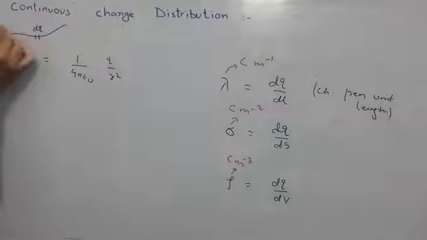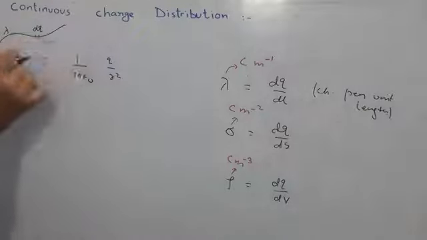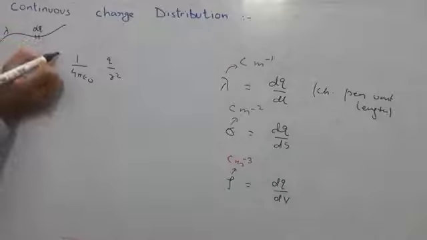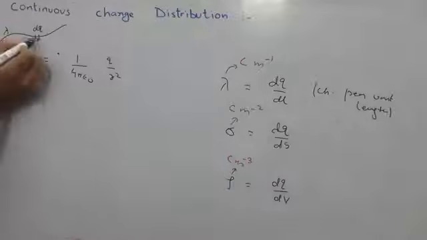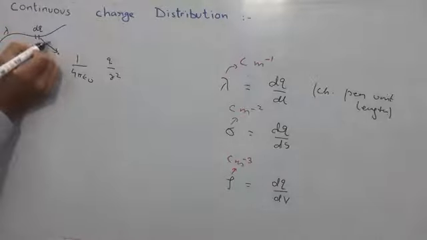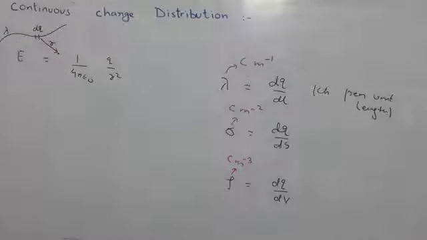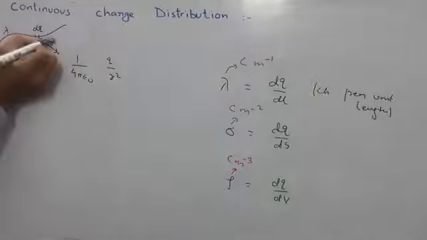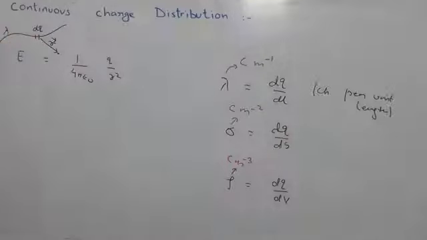Let lambda be the linear charge density on this wire. Then how do we write expression for electric field at some point? From dq to the point where we have to find the electric field, this vector is suppose r vector whose magnitude is r. So this vector is r vector. Then the electric field due to this element dq will be 1 upon 4 pi epsilon naught.